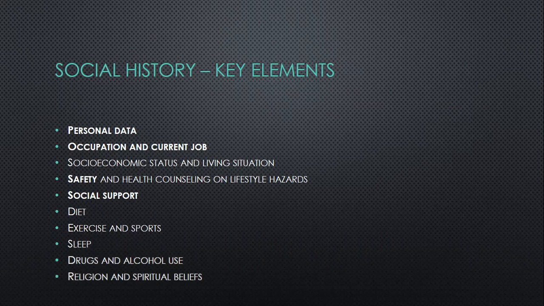So the next one would be exercise and sports, sleep, stressors, some interests and hobbies, including recent travels and recreational activities. Recent travel information is actually really important for infectious diseases.